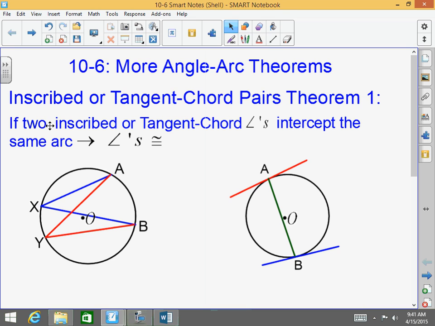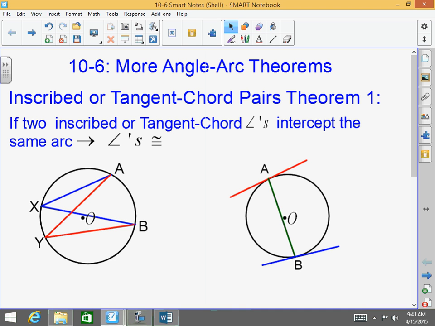And it states, gentlemen, that if two inscribed or two tangent chord angles intercept the same arc, then they are congruent. So if two inscribed or two tangent chord angles intercept the same arc, then the angles are congruent.